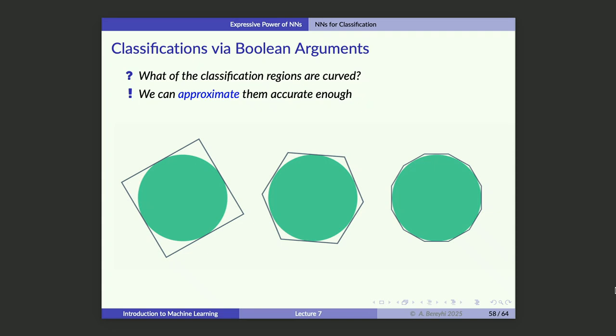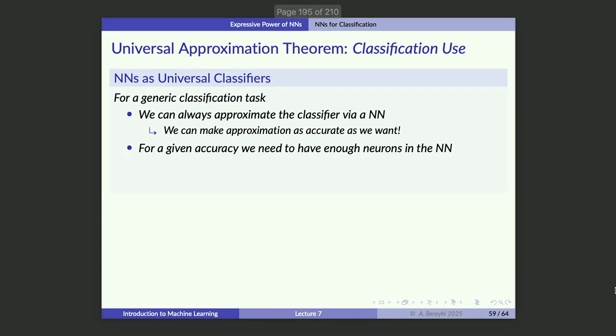So a more precise argument is that we can approximate any classifier as accurately as we want by a neural network, right? And if we want very high accuracy, we need more neurons. With more neurons, we can make more lines and combine more binary arguments, and because of that, we get a better approximation. So this is the idea of the universal approximation theorem.